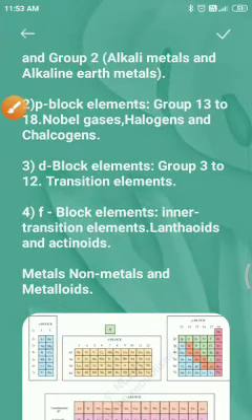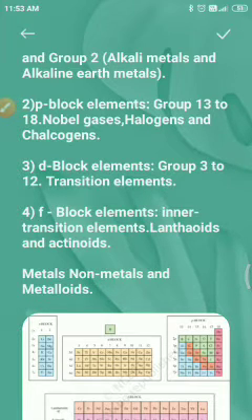Now, what are metals, non-metals and metalloids, and where are they located in the periodic table? We can discuss that now.